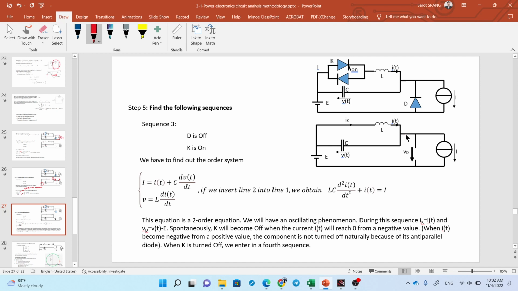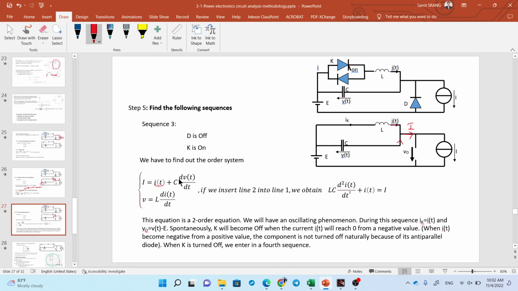From here, by Kirchhoff's current law, you have current I here, and you have current from the inductor and also from the capacitor. The current from the inductor is just I like this, and from the capacitor you have the derivative of charge with respect to time.